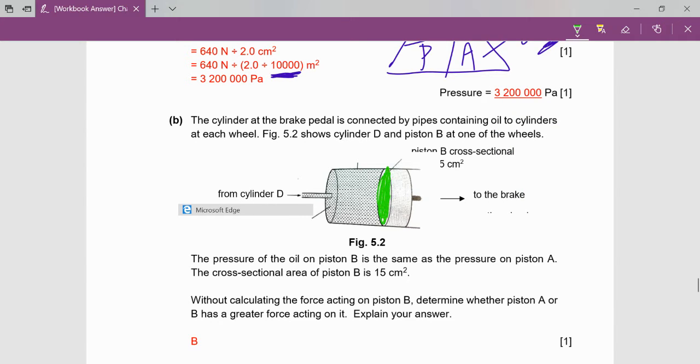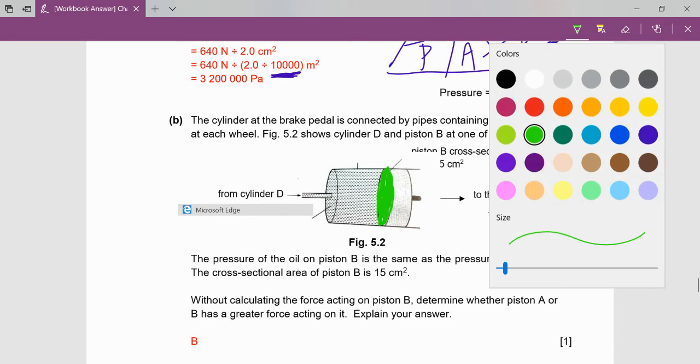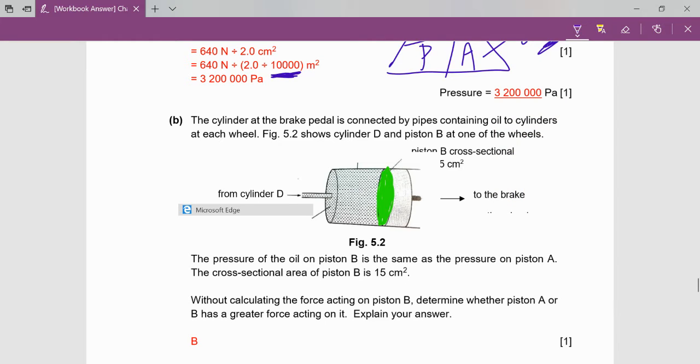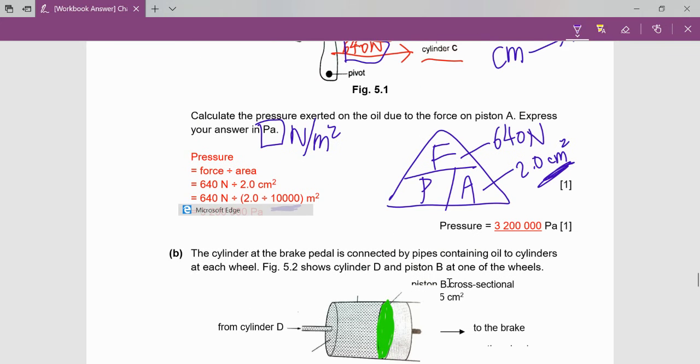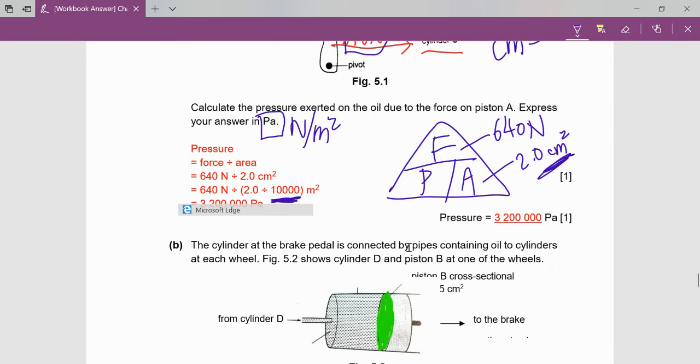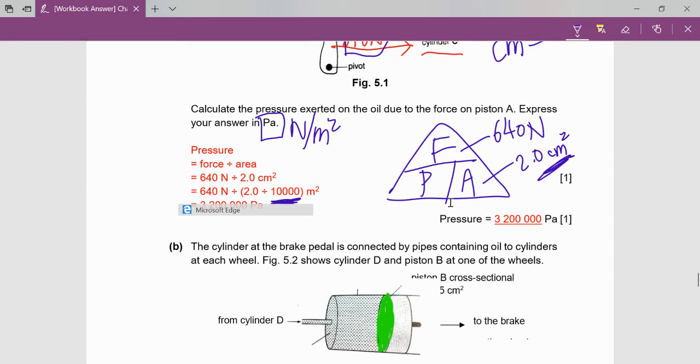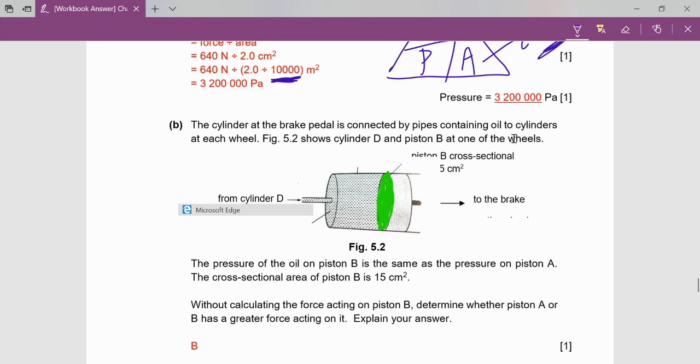It's where the piston is in contact with the oil in cylinder D. So pressure of the oil on piston B is the same as pressure on piston A. So we know that the pressure we found already on top here. Okay, I'm circling it now.